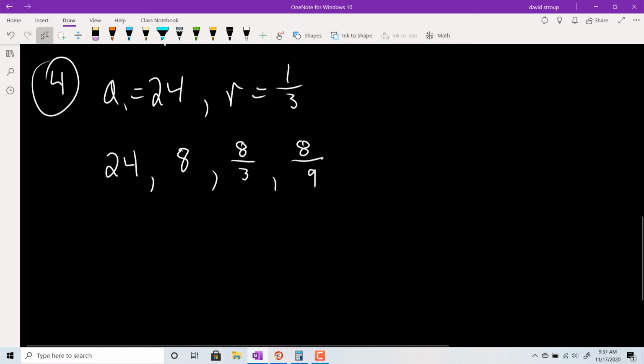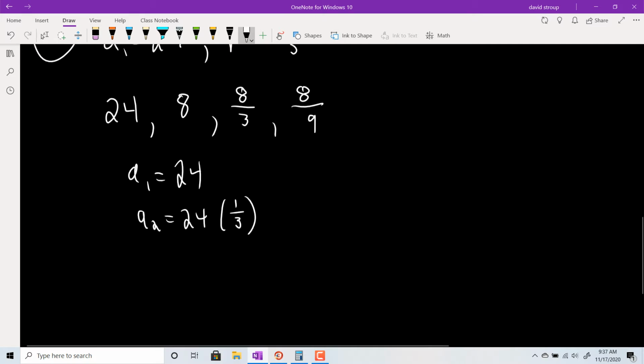Okay, so if you were to iterate these out again, a sub 1 is 24, then a sub 2 is 24 times 1/3. A sub 3 would be 24 times 1/3 times another 1/3, which would be 1/3 squared.